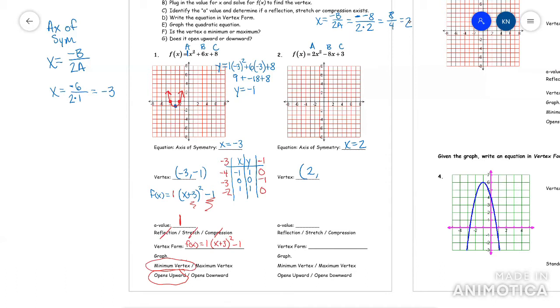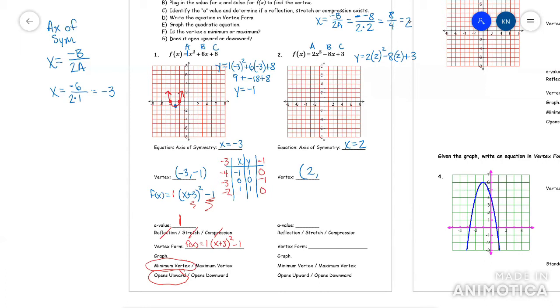Now, you're going to have to plug in this x value to this equation to solve for your y value. So it looks like this. Y equals 2 parentheses 2 squared minus 8 times 2 plus 3.